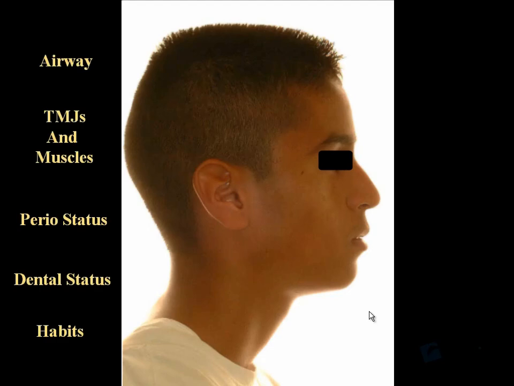So when we look at our patients, what we want to do is gather information on the patient from our patient history and from our clinical examination. From that information we gain information in these 5 important areas. Once we've gathered information, then we begin our evaluation, and we begin by looking first at the soft tissue.